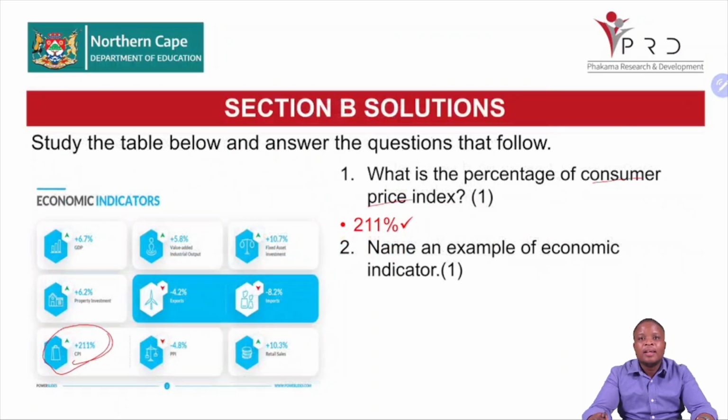Name an example of an economic indicator. We've done indicators, economic and social indicators. You have plenty of them. So let's look at what we have here. You have GDP, you have unemployment rate, there's inflation rate, there's production. There is your foreign trade, where there's terms of trade as an economic indicator.